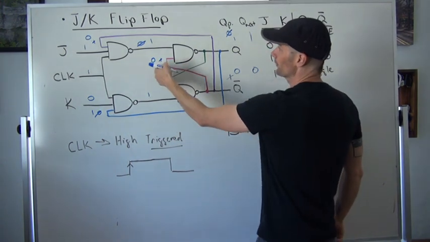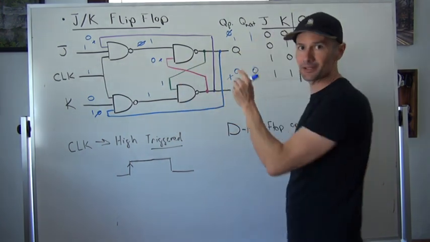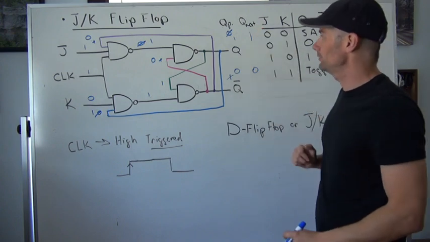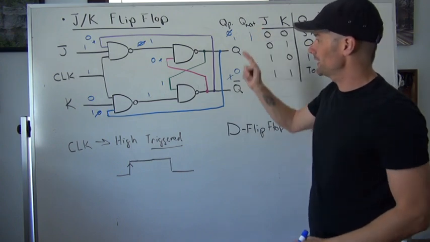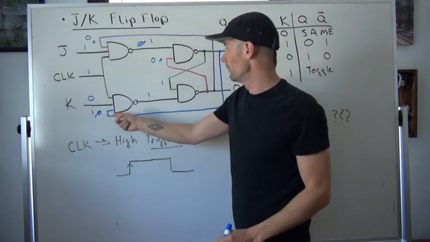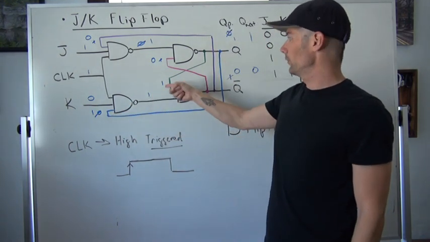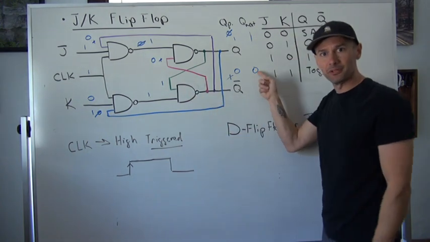But obviously 0 and 1 holds Q next to be consistent. So there is a high Q next. And if that stays high, then if we have 0 and 1 NANDed together, there's still a 1 right here. 1 and 1 NANDed holds that to be 0.